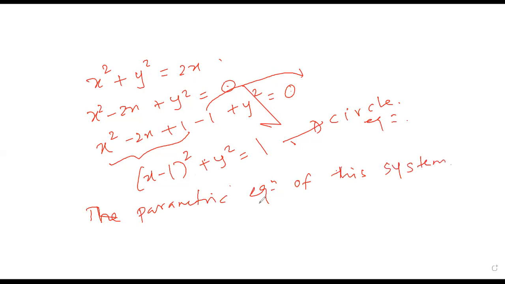The parametric form for the circle, for spherical and cylindrical and things, we have seen in our vector calculus. Similarly, what will be the parametric form of the circle?